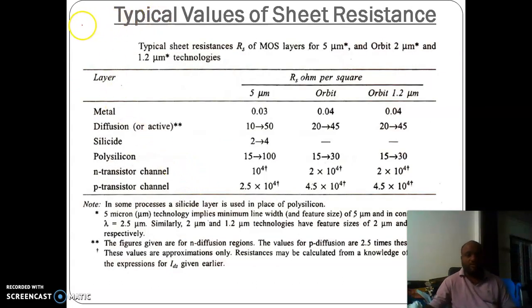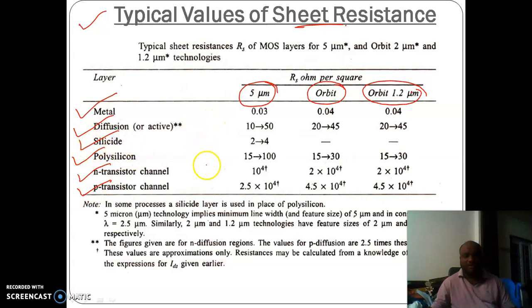Here a few typical values of sheet resistance are tabulated for different technologies of 5 micrometer, 2 micrometer and 1.2 micrometer for various layers: metal layer, diffusion layers, N transistor channel, P transistor channel, polysilicon and silicide also. This can be used as a reference, that's all.